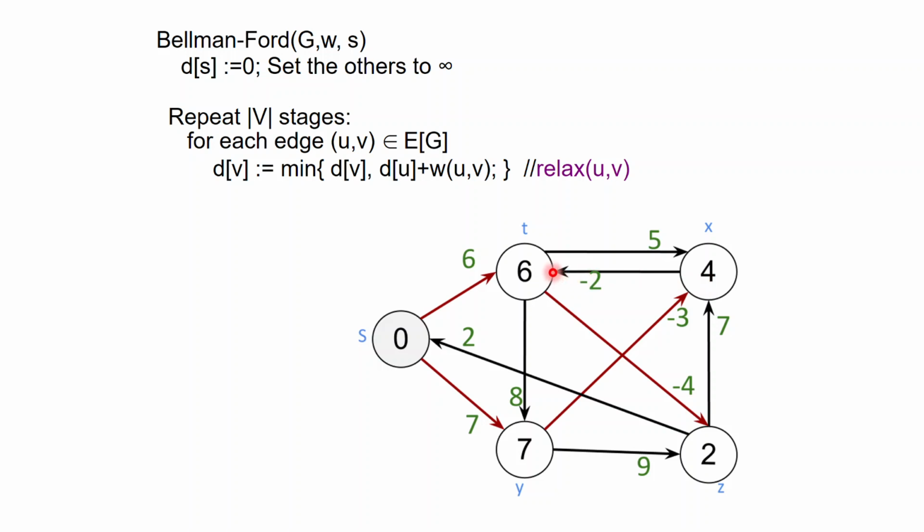So sorry, this becomes 2. And then again, if we relax one more time, we're going to relax the edge TZ among others. So the distance of the node Z will become 2 plus minus 4, which is minus 2. So some nodes can also have negative distance. And now that's it, we are done.